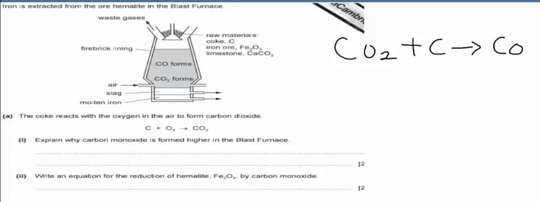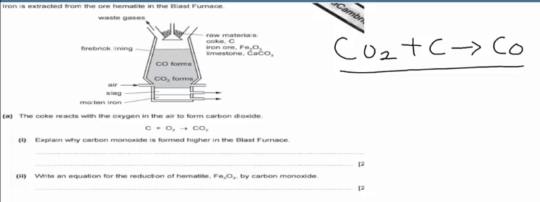So now as you can see here, the next step is going to be this one. When carbon reacts with oxygen to form carbon dioxide, the next step is carbon dioxide plus carbon, which is the coke or pure carbon, to form carbon monoxide. Now, this one is going to happen at higher temperature.